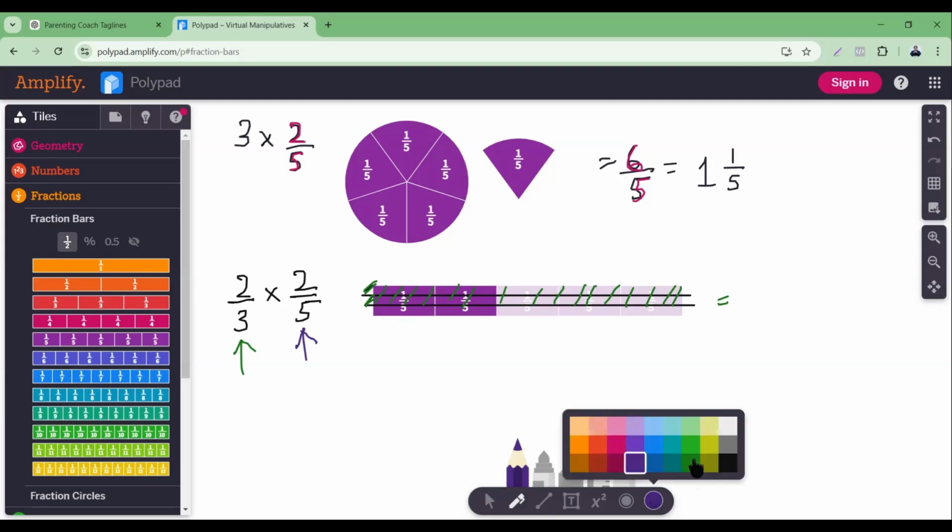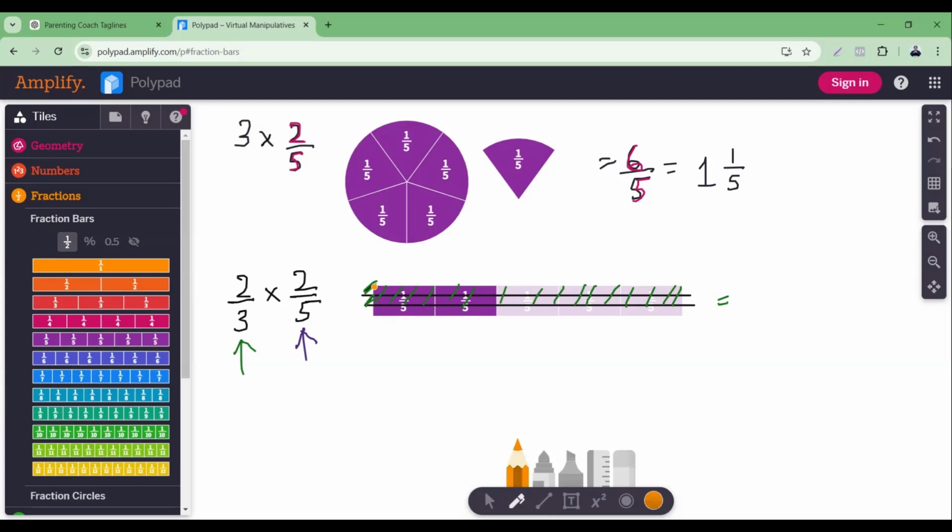Let me take a different color and show it to you. This part has the purple and the green, this part also, and this part also. Out of all the pieces, only these four pieces have both the colors. That means this will be our answer.